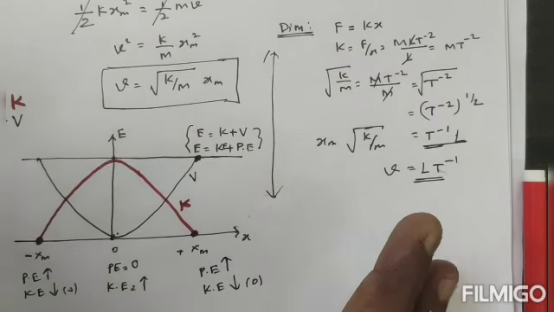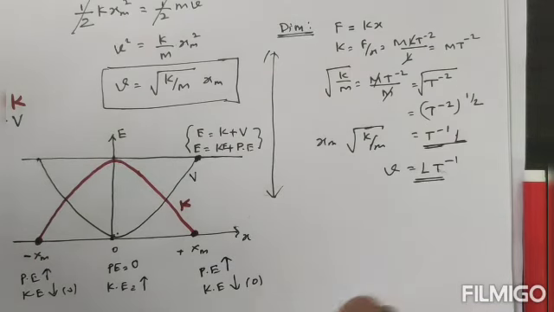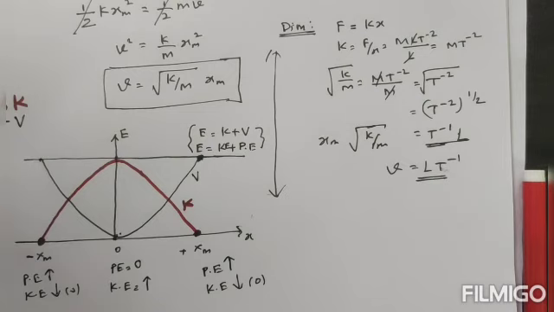Okay students, I hope you understood the potential energy of a spring. In this video we learned about the potential energy of the spring. First, the force constant or spring constant.